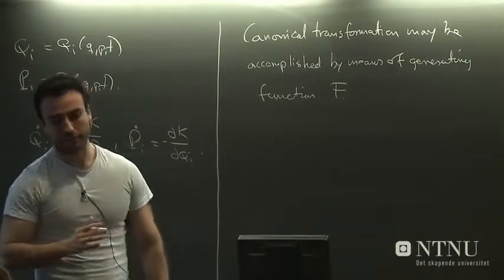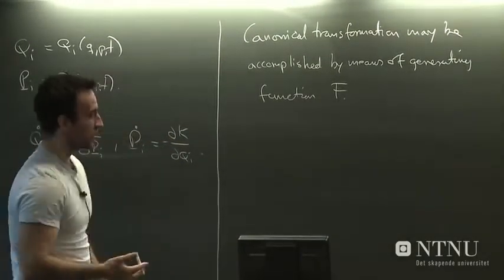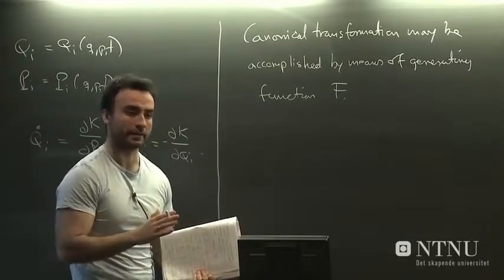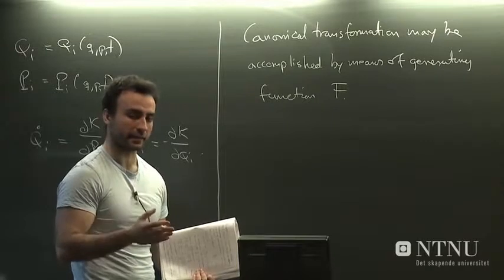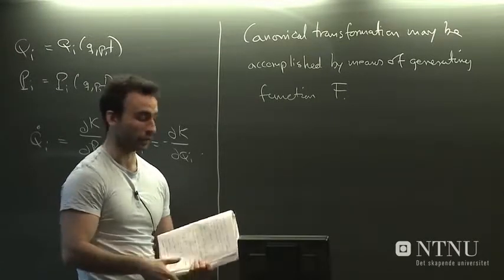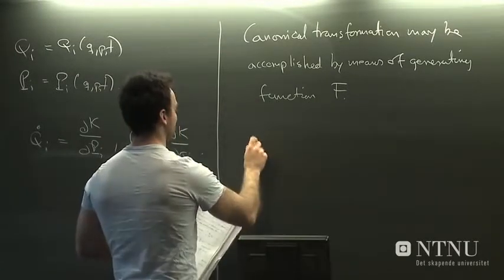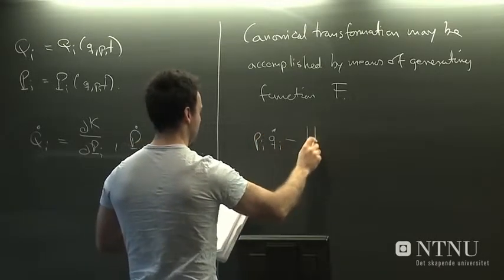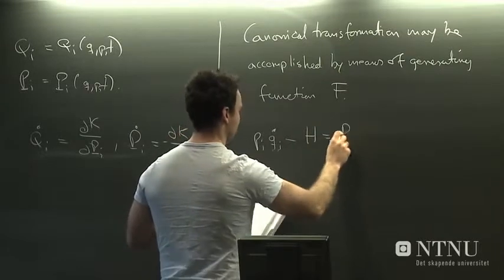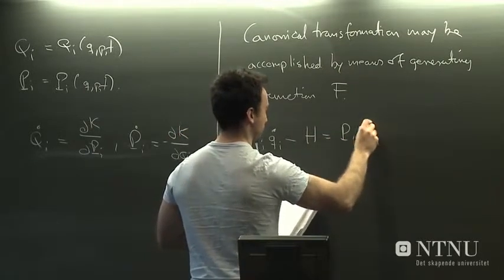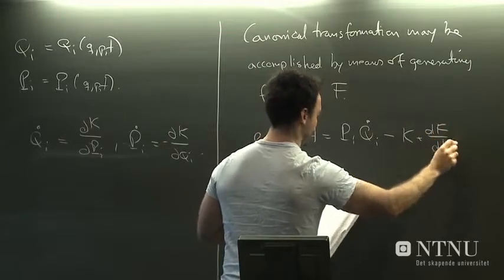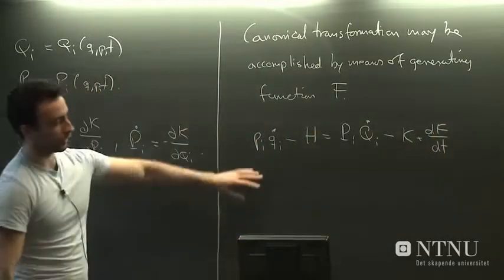Because we derive that from a modified Hamilton's principle, we had a specific relation that had to be satisfied for the old and the new set of coordinates. So we had the following relation.